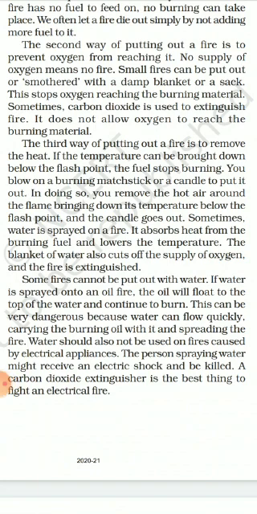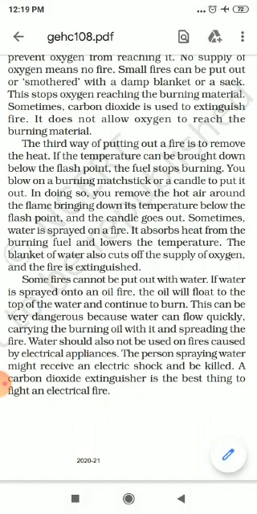Water should also not be used on fires caused by electrical appliances. If there is a short circuit in electrical appliances, then also water shouldn't be applied. The person spraying water might receive an electric shock and be killed. It could be fatal even.